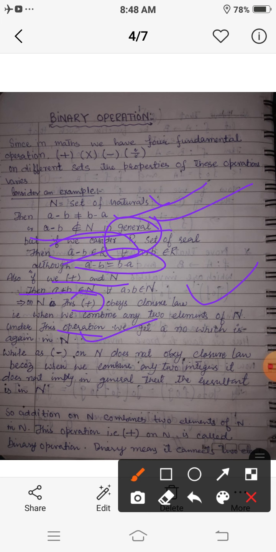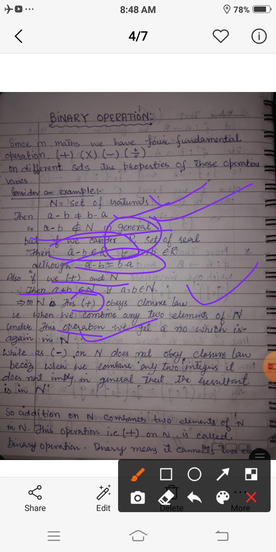So closure actually means that the given operation satisfies the closure law if we connect two elements of a given set through this operation, and the result is again in the given set.